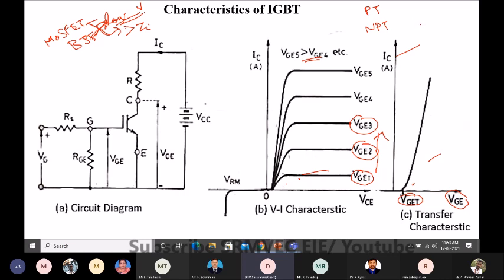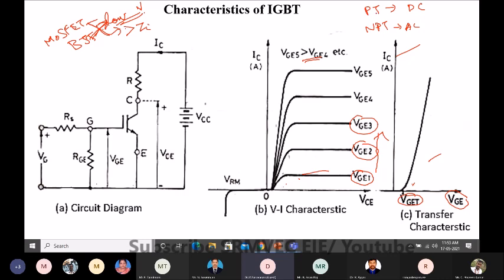Based upon this, the breakdown and the functional characteristics will be different. The punch-through type is usually used for DC applications, whereas non-punch-through is used for AC. You must be careful, as there can be confusion about punch-through.